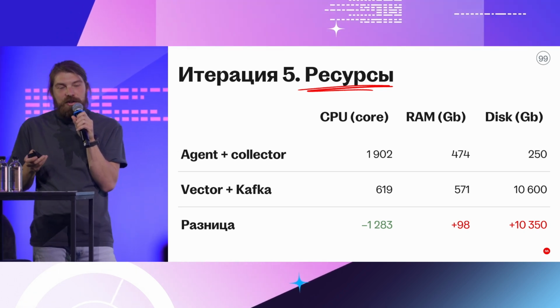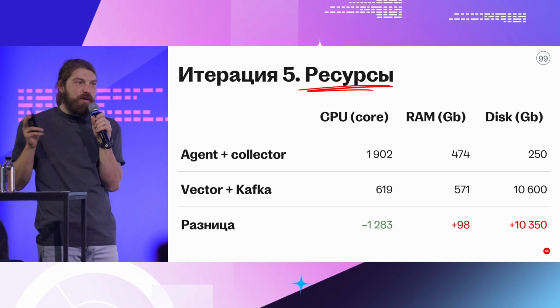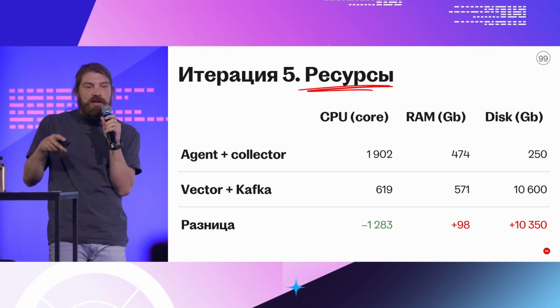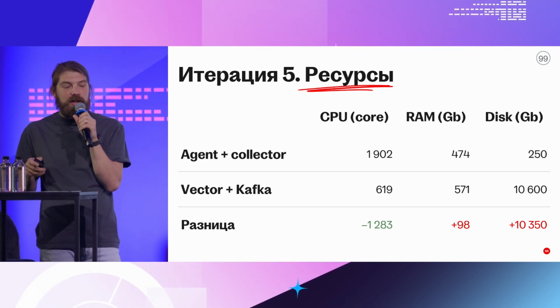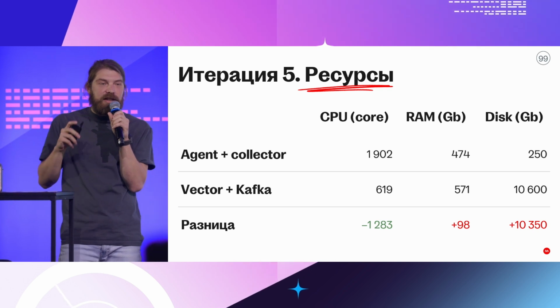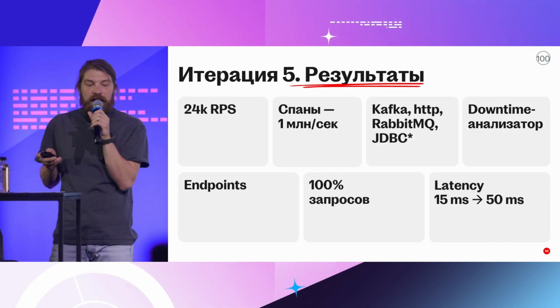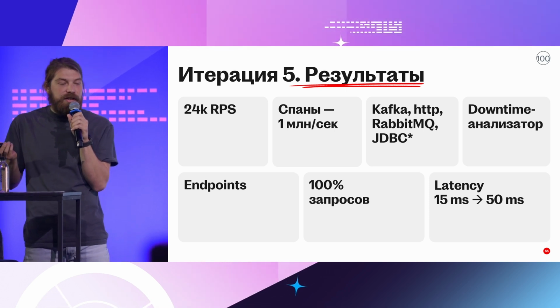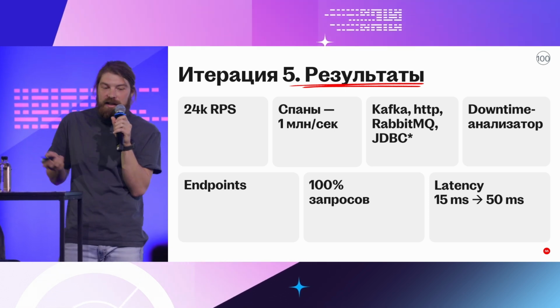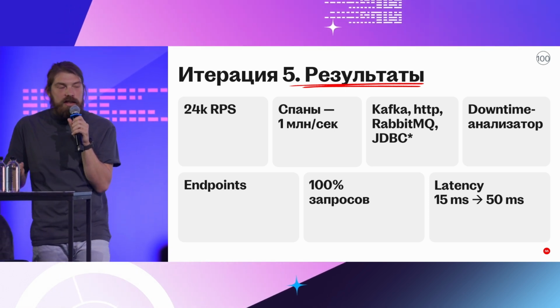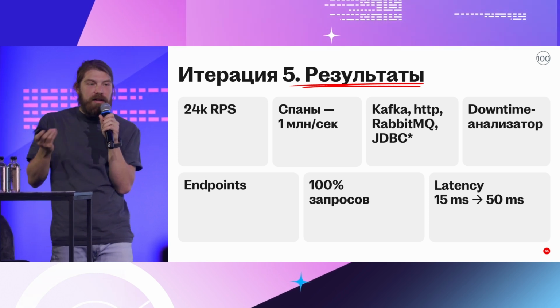It consumes 4 times less resources. Fewer resources we loaded with metrics and resources, and now it weighs the same way as we used before. And now let me finalize this iteration.